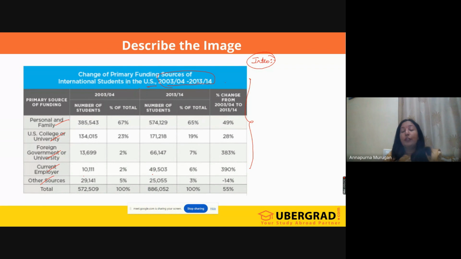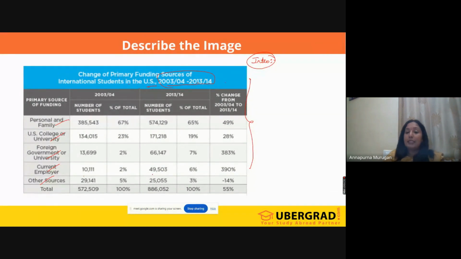So here I can say, the presented table graph illustrates the different funding sources for international students to study in US, between 2003 and 2004 and 2013 and 2014 respectively. Okay, so this is what we have. So totally we understood, this is the introduction we have.